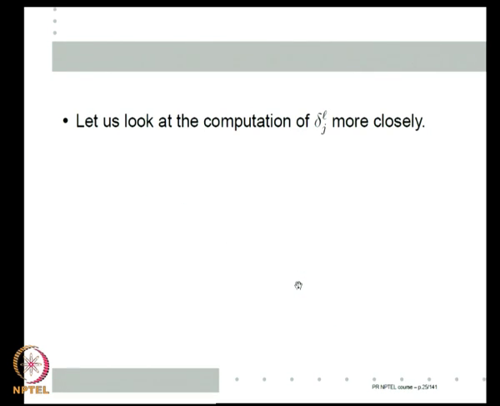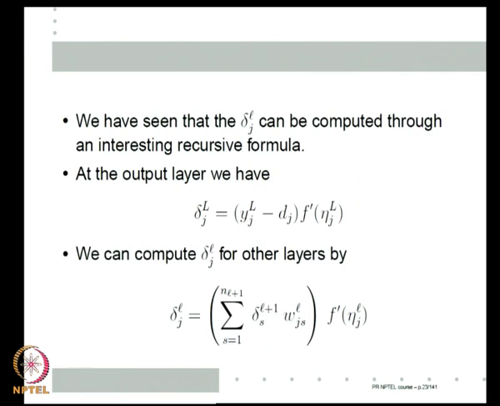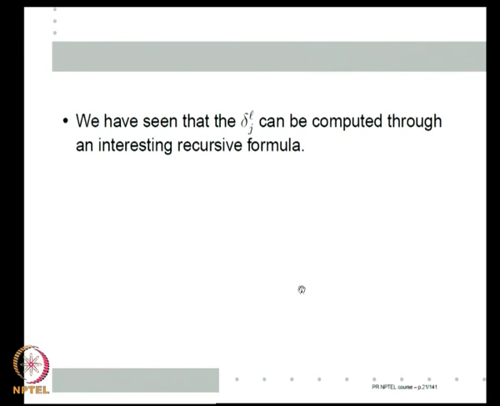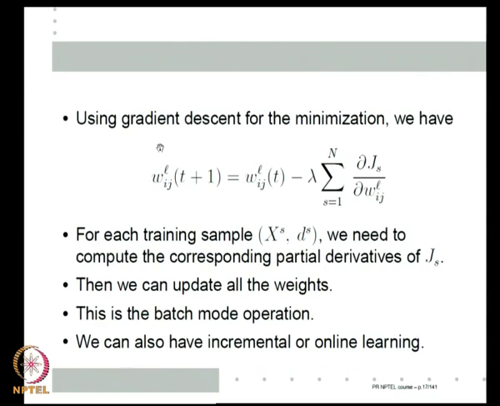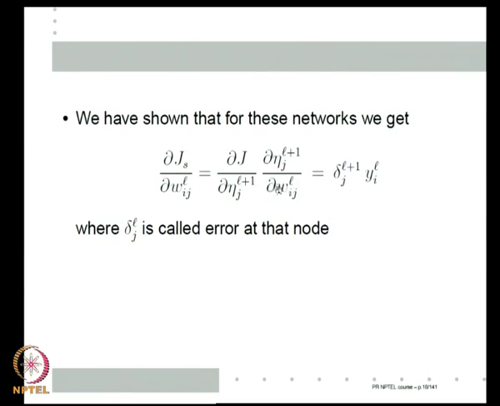So, now we are almost done. We know that this is what we want to implement. This is my gradient descent, which needs me to calculate these partial derivatives, and I know how to calculate them in terms of the error at that node times the output. If I am asking how to update the weight that connects node i layer L to node j layer L plus 1, then it is the output of node i layer L multiplied by the error at node j L plus 1.